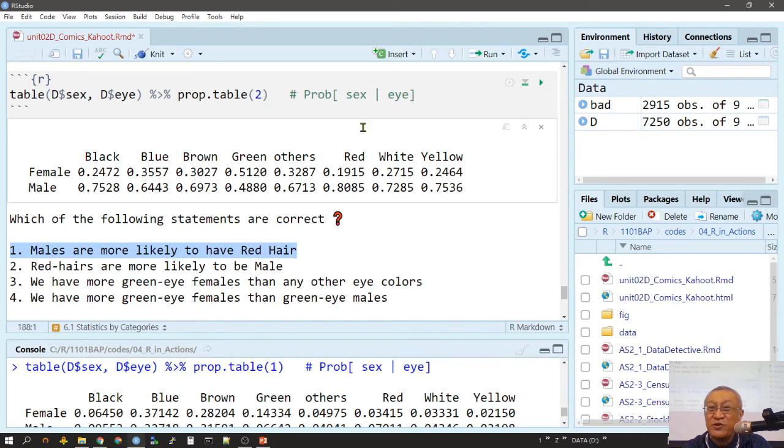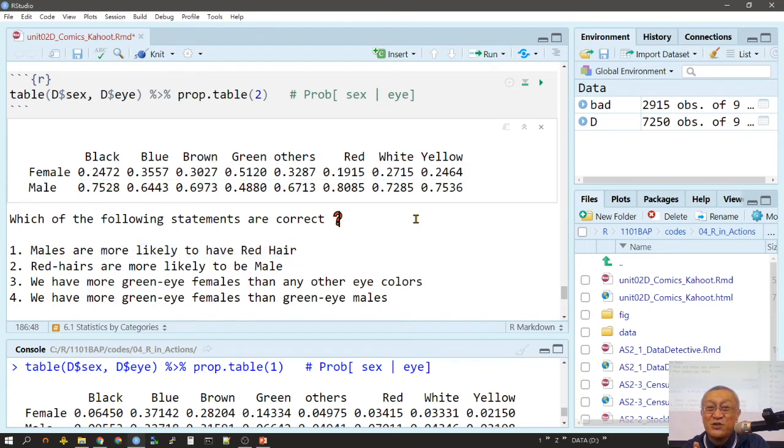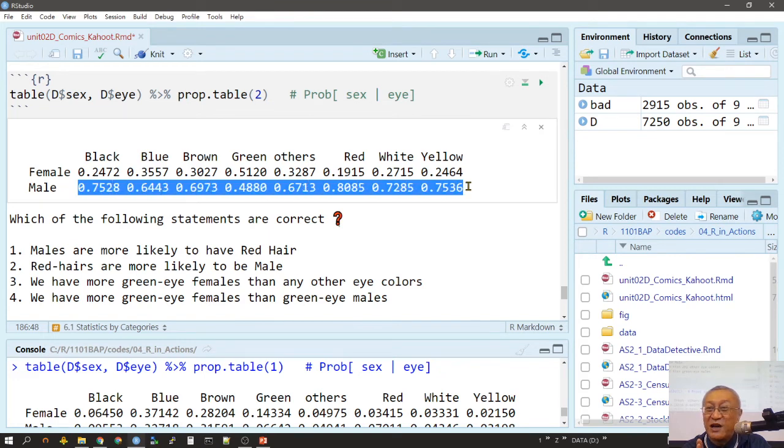We cannot do comparison in this direction. When you have proportional table 2, you can only compare the figures in this direction. You can no longer compare figures in this direction. So when I say male are more likely to have red hair, you are doing comparison this way, so that's wrong. Okay?